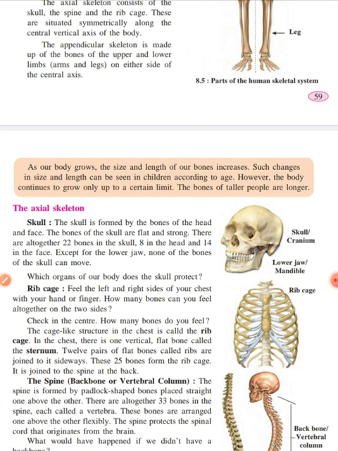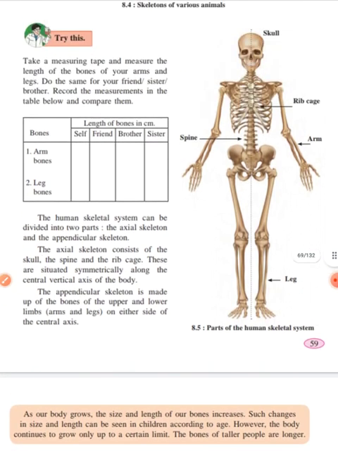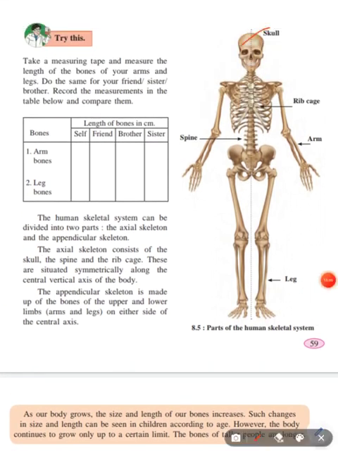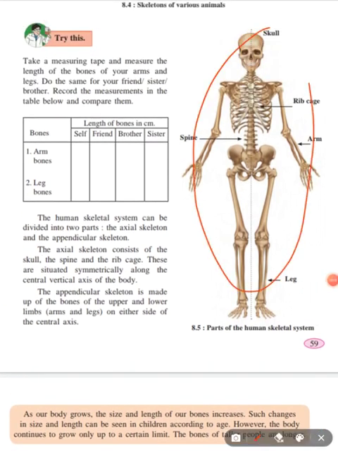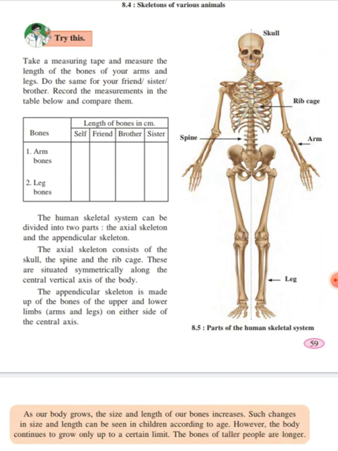In our exam, they give an image of the human skeleton system and ask you to name the bone and the body part. Which one is this? You have to name the bone.